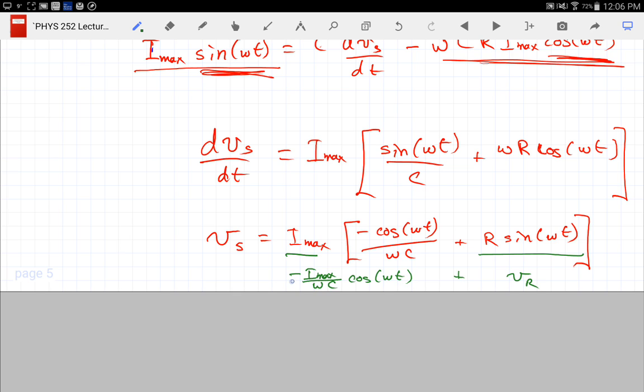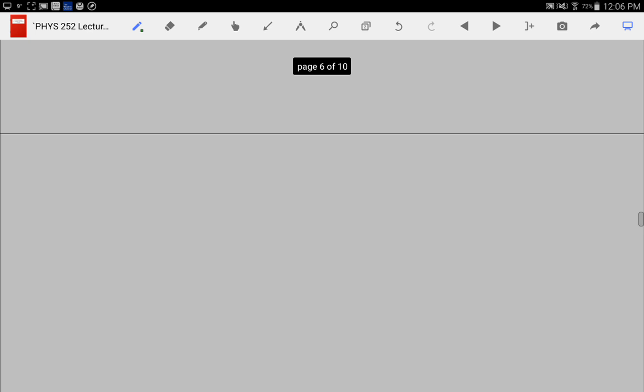So we have minus I max, and instead of a sine omega t, it's a cosine omega t. So it's 90 degrees out of phase. And it's I max over omega C.